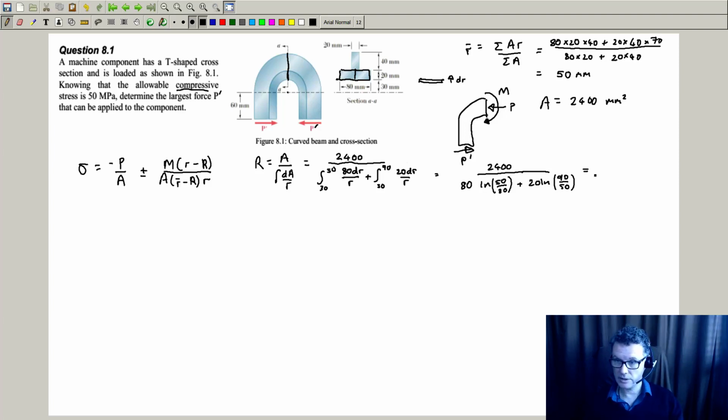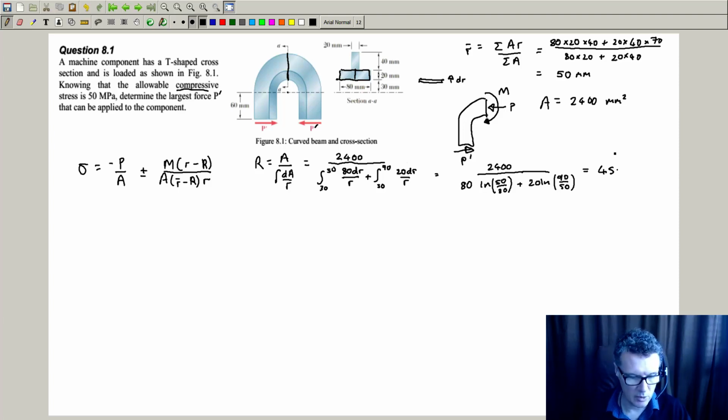So the neutral axis is given as, okay, I'm getting 45 for equations where I haven't finalized my answer.